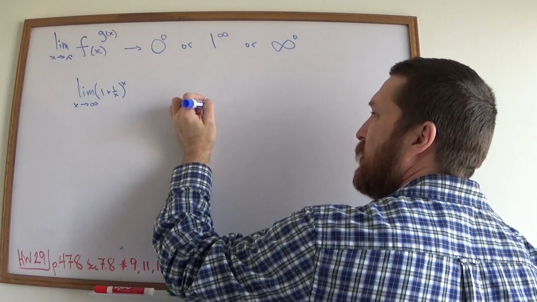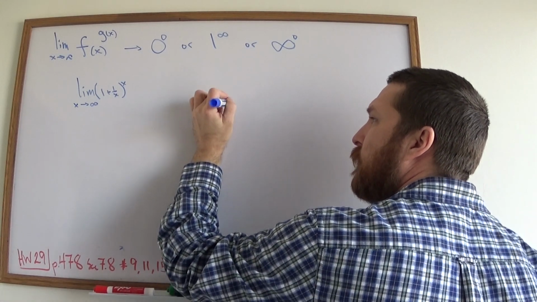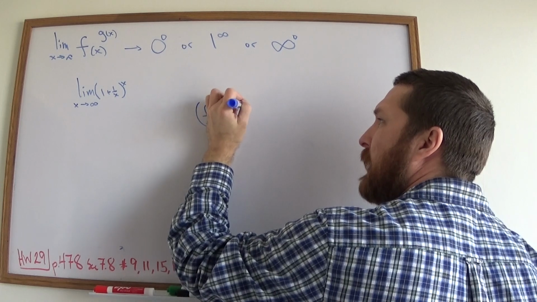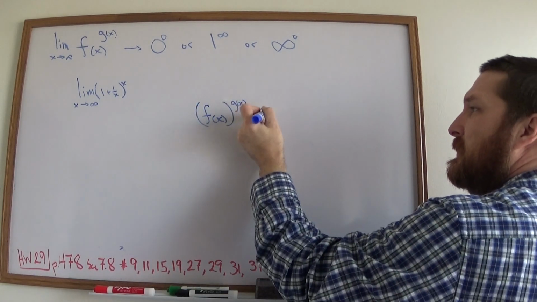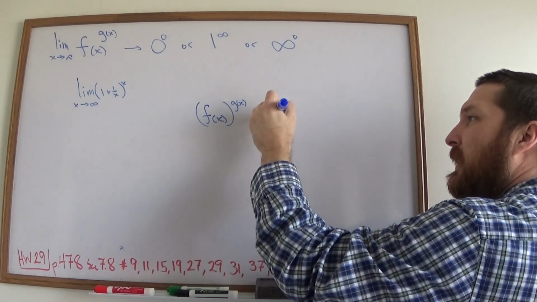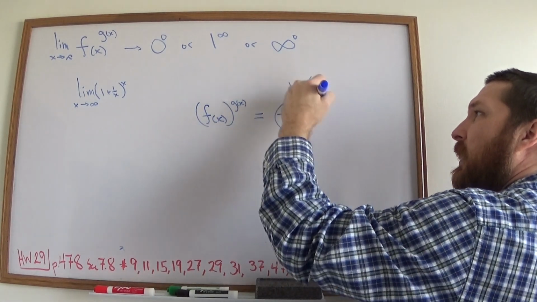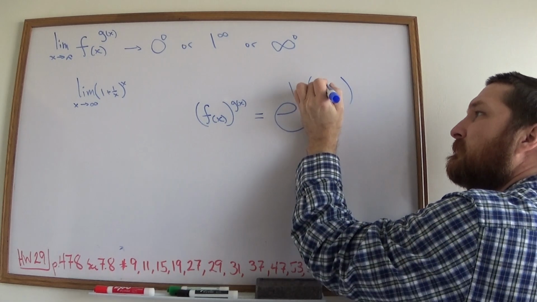What you do is this. You have some function raised to some power, and you say this is exactly the same thing as e to the log of that stuff.